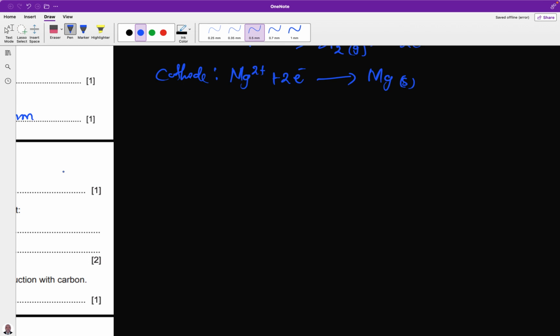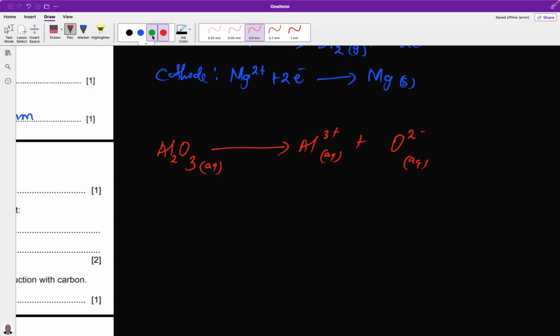For this electrolysis to occur, what will happen is this. For the purpose of revision, this is aluminum oxide, Al2O3. In molten form, this is how it will break down into aluminum ions plus the oxide ions.